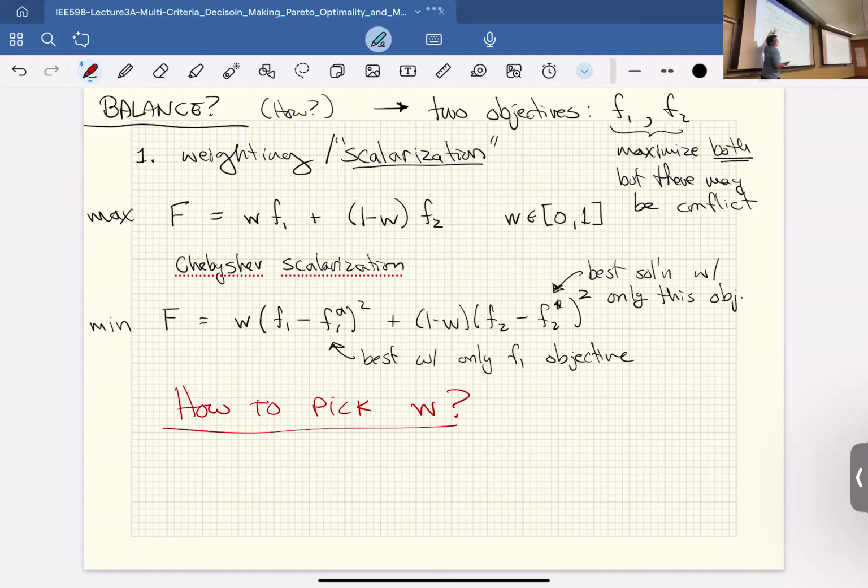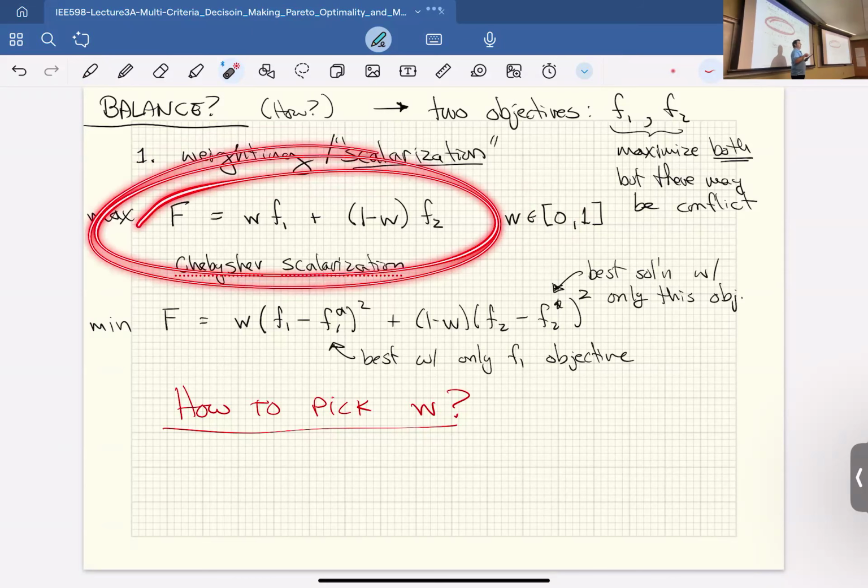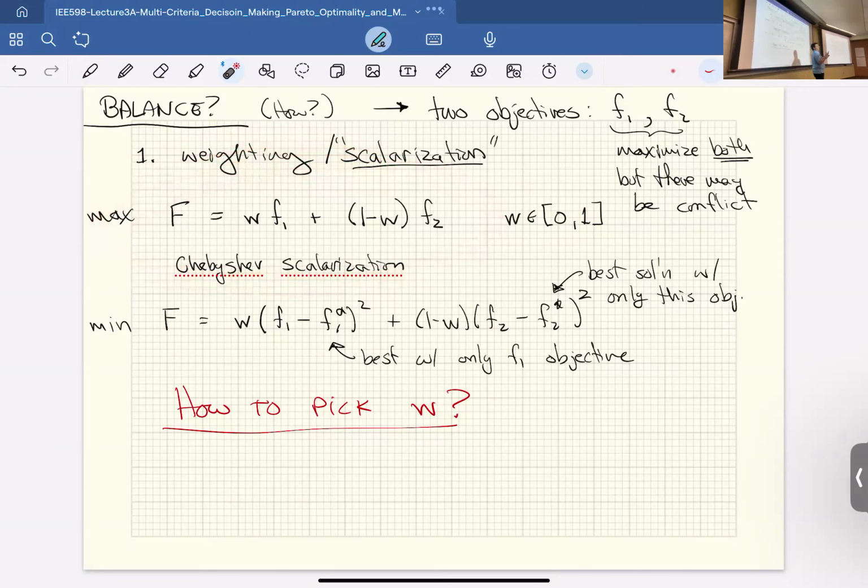The other problem that will become more obvious as we get more into this is that this solution up here, that is the tempting way to do it, it turns out that there are certain combinations of objective functions where it is impossible to find the right balance between the two of them because they don't have a convex combination. So this will become more clear as we go here.